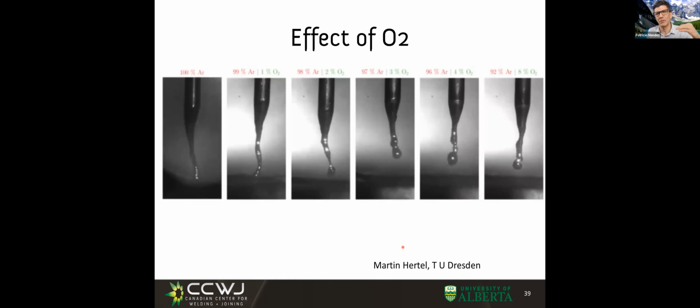At very high temperatures, oxygen doesn't matter anymore. But we talked about how the transition current comes from a balance between electromagnetic forces and capillary forces. So if I have oxygen, I lower my capillary forces.